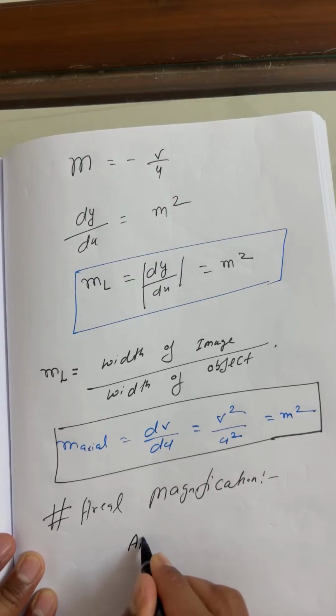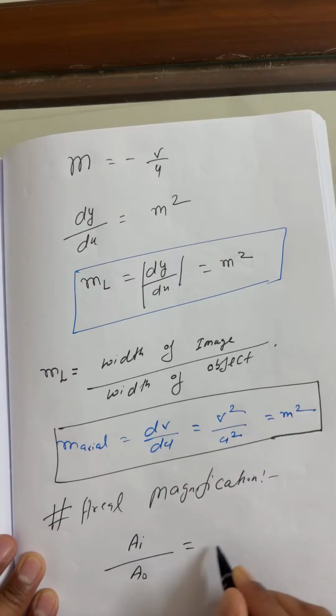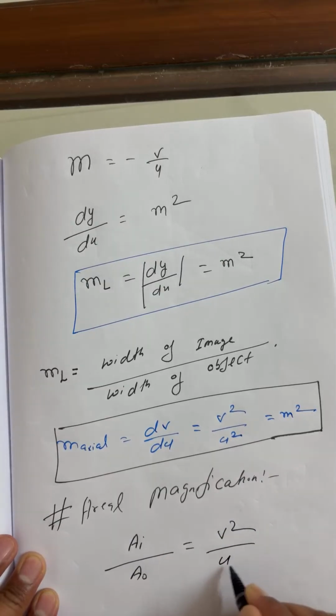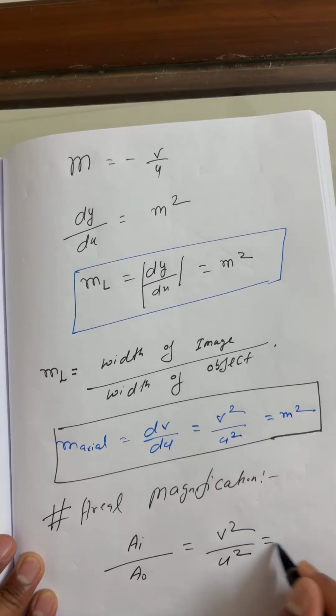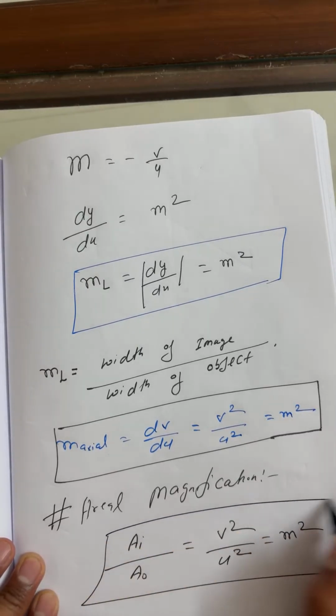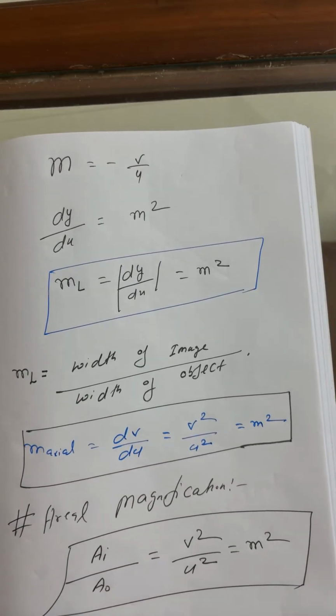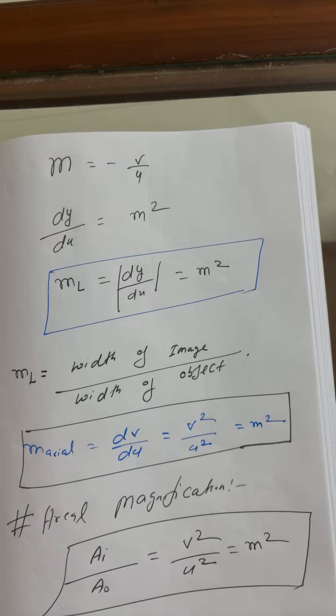This is area of image upon area of object, which is equal to v square upon u square, which is nothing but m square. So this is what I said about longitudinal magnification.